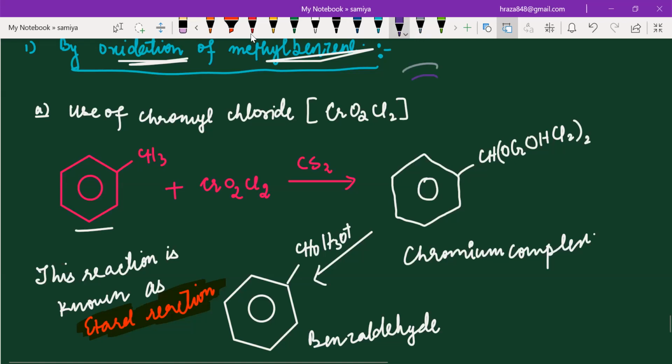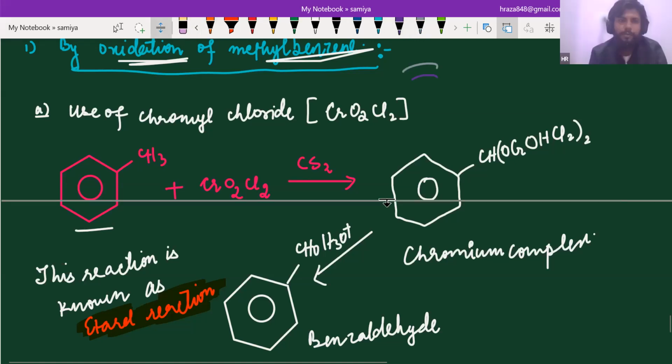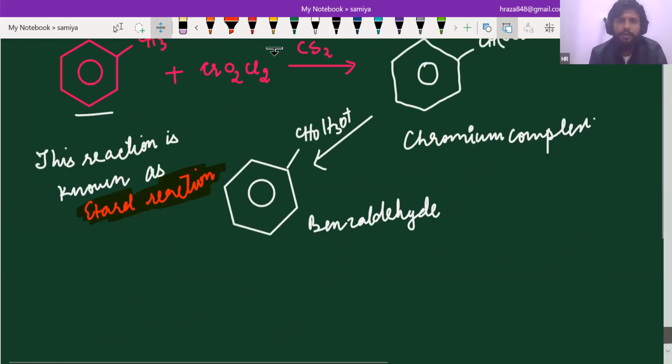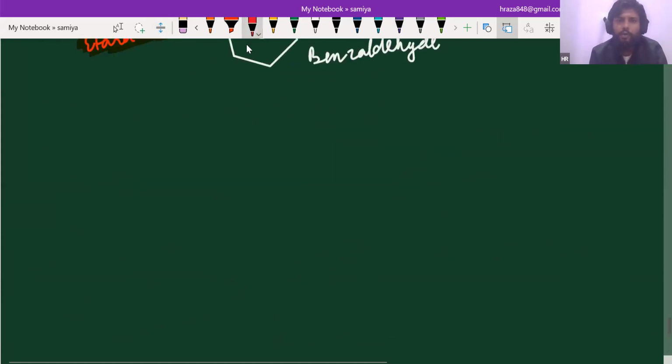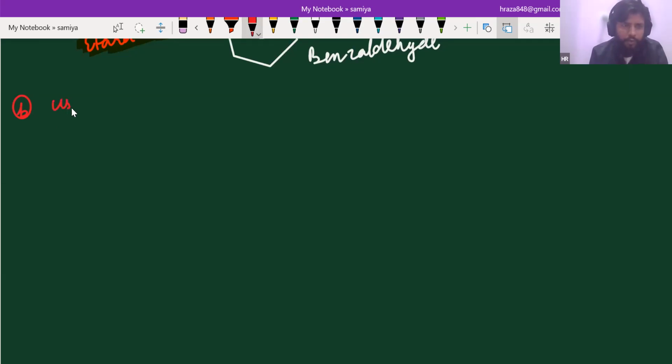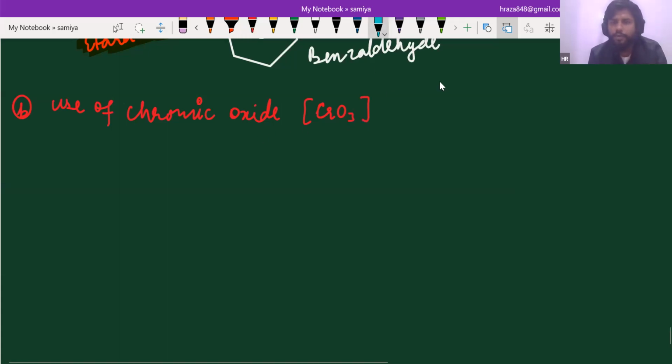Done, sir. Very good. Now see the B part of this, use of chromic oxide. In the B part, we are going to use chromic oxide, and chromic oxide is basically CrO3. We are going to use this on methyl benzene.